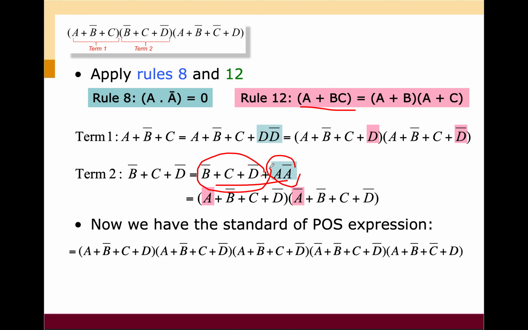Let me clear first. Apply the rules number 12. So you have A bar, this one and this one. So after that, you're going to do the AB over here. This one is similar to this.